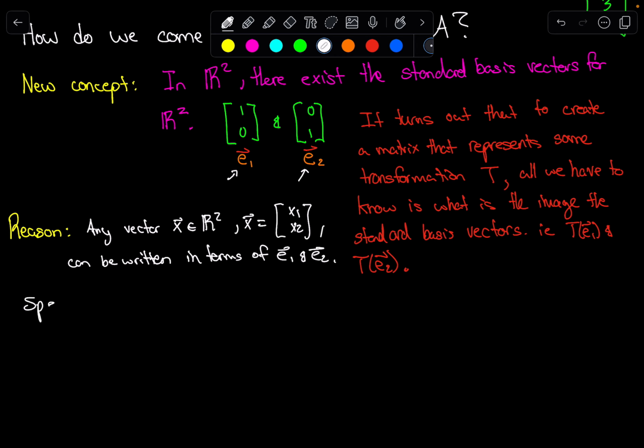Specifically, what we saw earlier, the vector x equals x1 times E1 plus x2 times E2. It's a linear combination of those standard basis vectors.